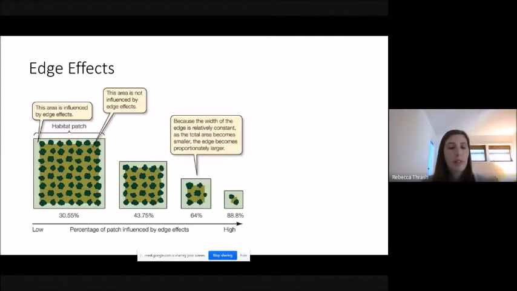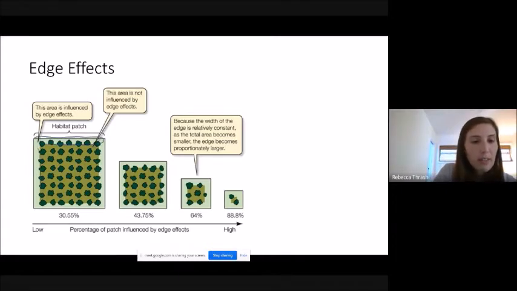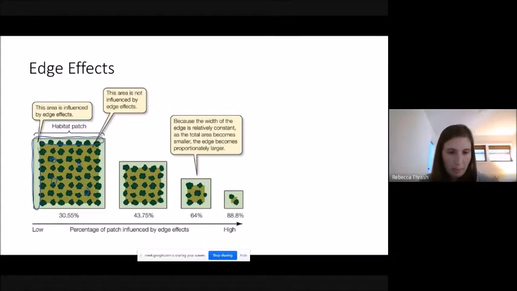So this is another example of how edge effects can really affect what's going on within these islands on land. If you took AP biology, this might look a little familiar to you because it's kind of like that diffusion of cubes experiment. If you have a larger habitat patch, the edge area is only going to affect a certain portion of it. But here, inside the patch is pretty much fine.